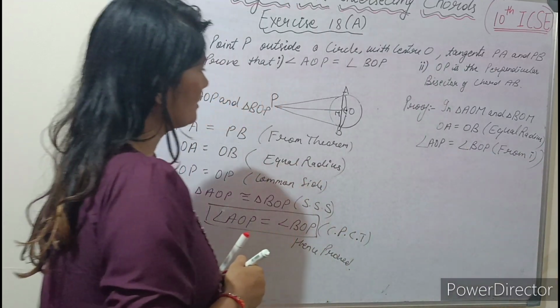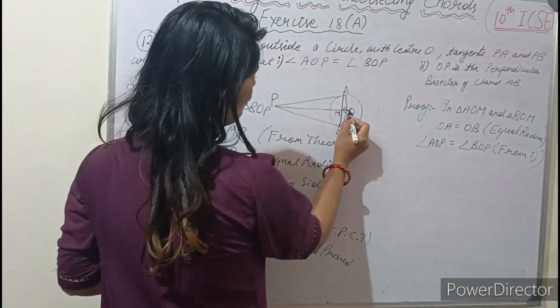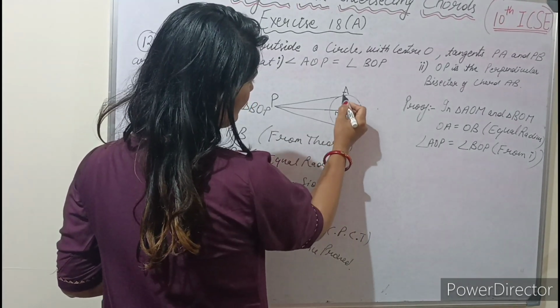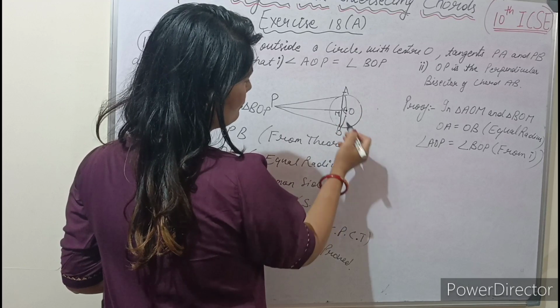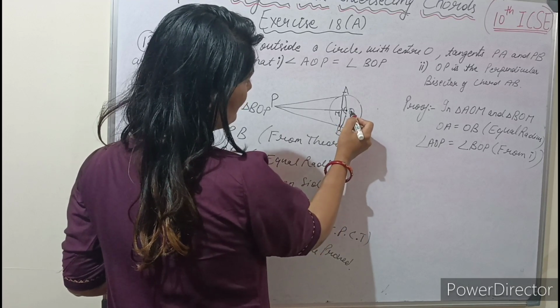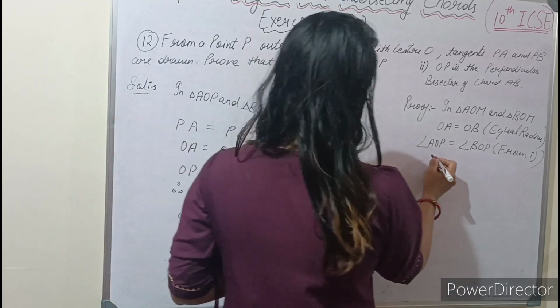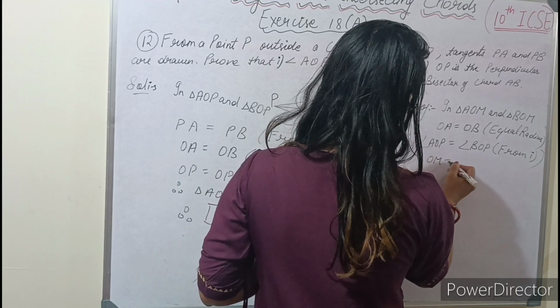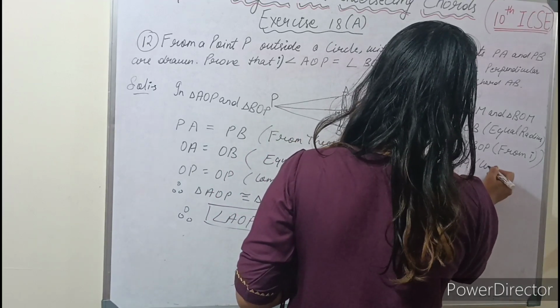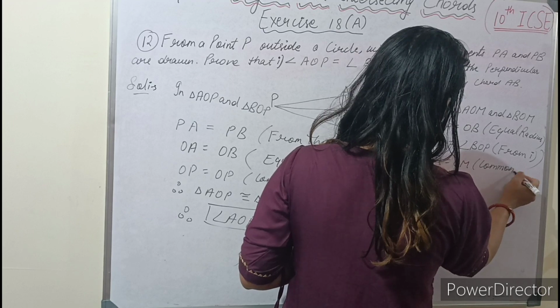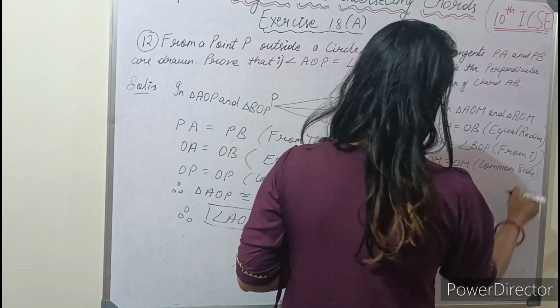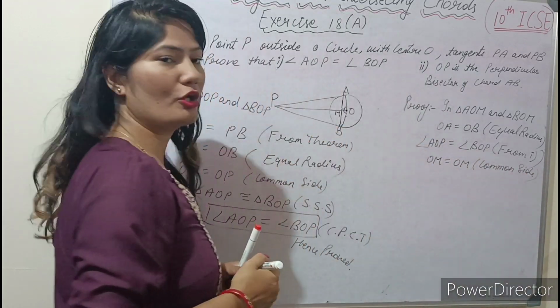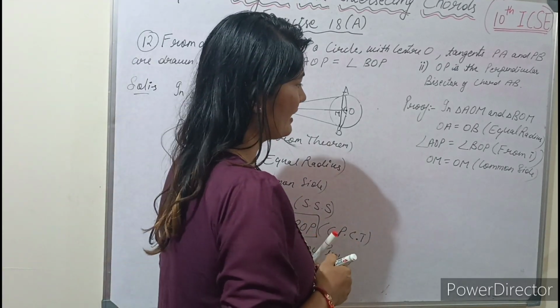And the third thing, you can see here this side OM. This OM is in triangle AOP, and the same side OM is also in triangle OBM. So OM is equal to OM. This is the common side. Hence these two triangles are congruent by SAS congruency.